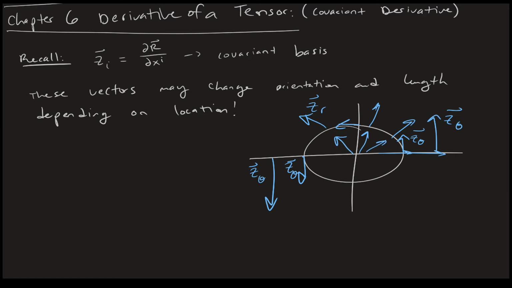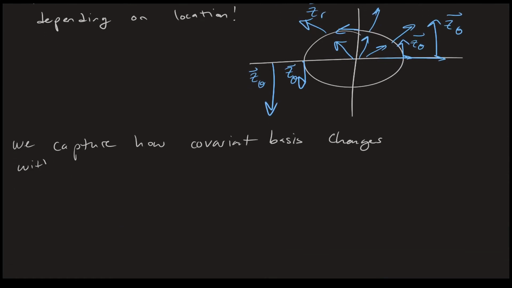So what we want to do is capture how the covariant basis changes throughout the space, or with respect to each coordinate, with respect to each independent variable.